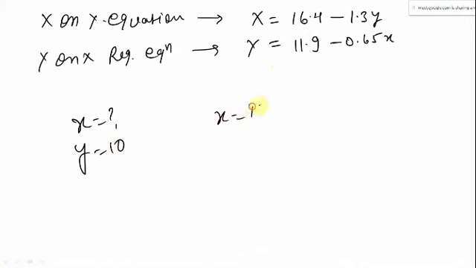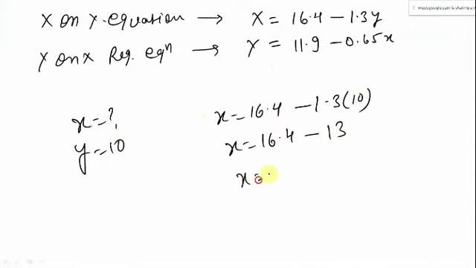So x is equal to 16.4 minus 1.3 into 10. So x is equal to 16.4 minus 13. So x is equal to 3.4. Any problem?